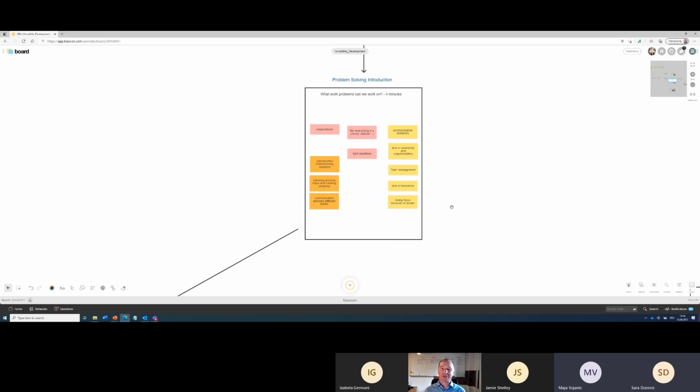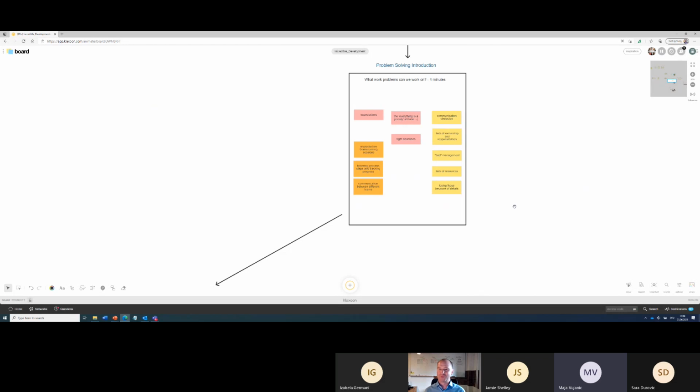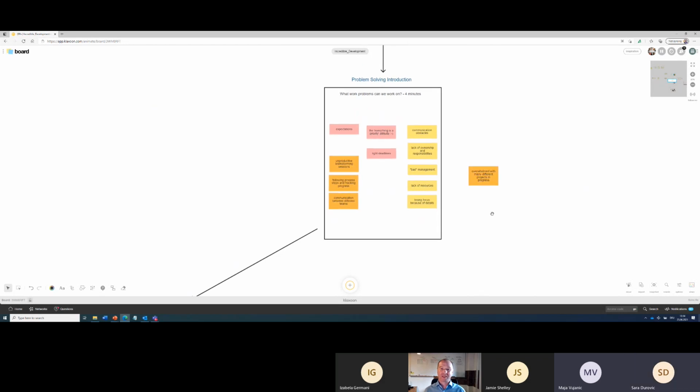Okay, let's take a look at what we've got. So we've got things like expectations, everything priority, tight deadlines, unproductive brainstorming, following process steps and track progress, communication between teams, overwhelmed by many different projects in progress, communication obstacles, lack of ownership, bad management, lack of resources, losing focus because of details.